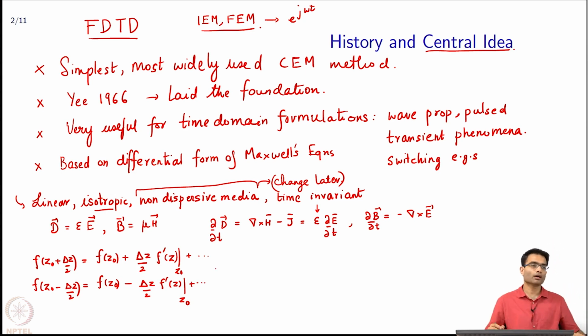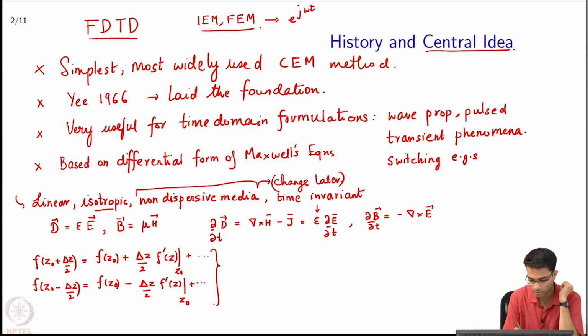So if I wanted an approximation for the first derivative using Taylor's theorem, what can I say? Can Taylor's theorem be used to give me an approximation for the first derivative of a function? Yes, what should I do?